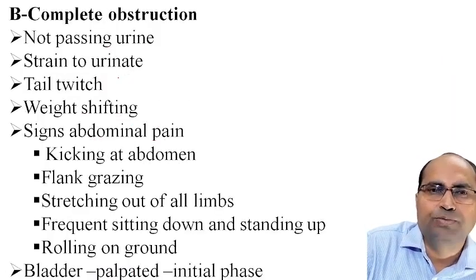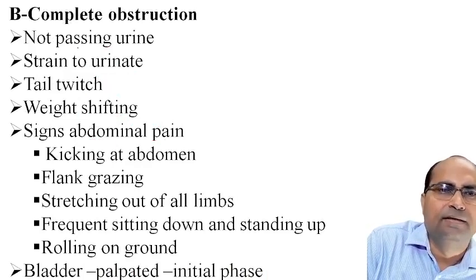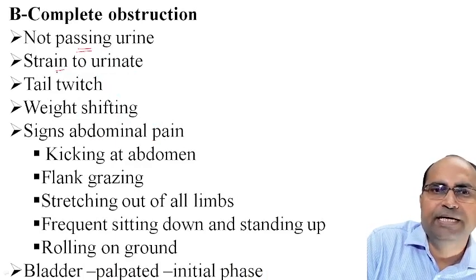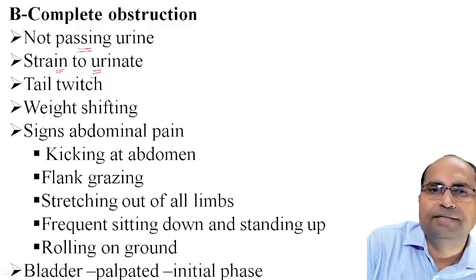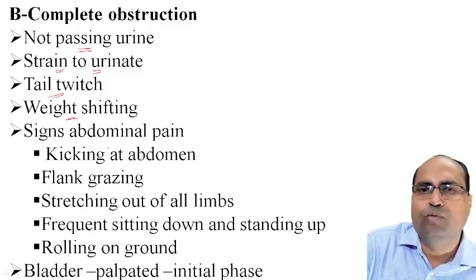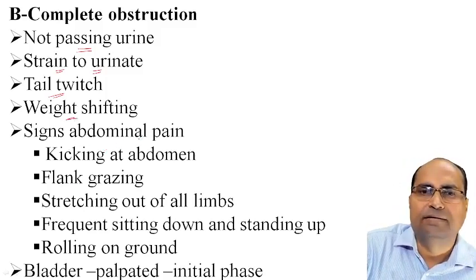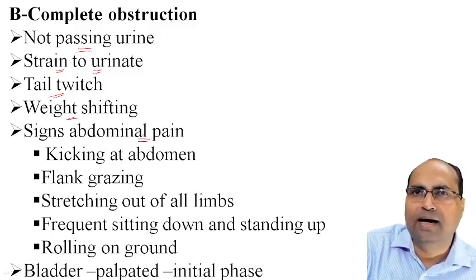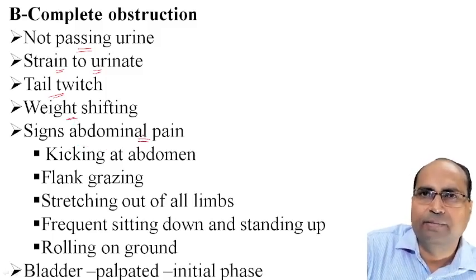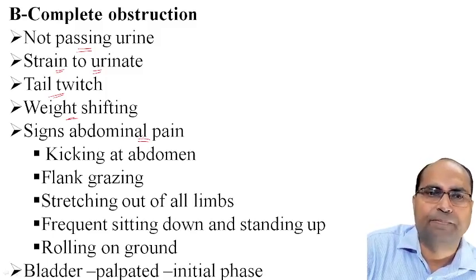In case of complete obstruction, there is no passing of urine, straining to urinate, tail twitching, weight shifting, signs of abdominal pain. Signs of abdominal pain are more severe in complete obstruction in comparison to partial obstruction.